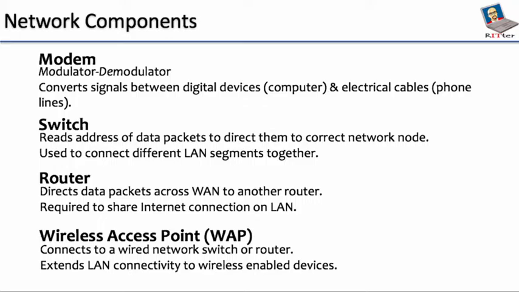A switch is a device on a network that reads packets of data and the address applied to a packet of data and directs those to the node that they are addressed to. So in larger networks, that creates more efficiency.